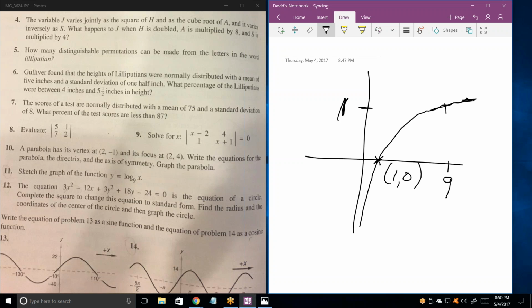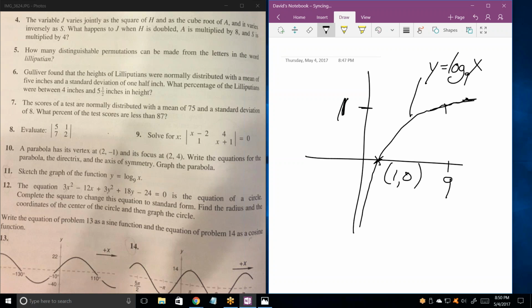Now I've got a grid on there, and this curve is unique. This is not the same curve as the log base 2 of x, because for the log base 2 of x, when x is 2, y is 1. So this is now specific to y equals log base 9 of x.